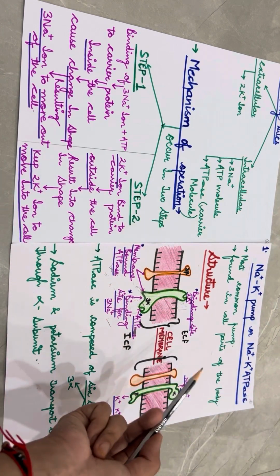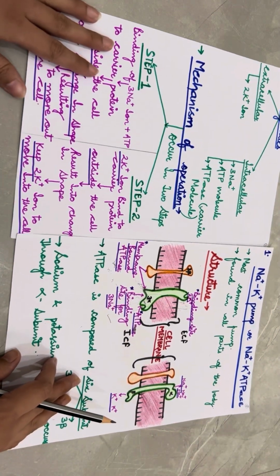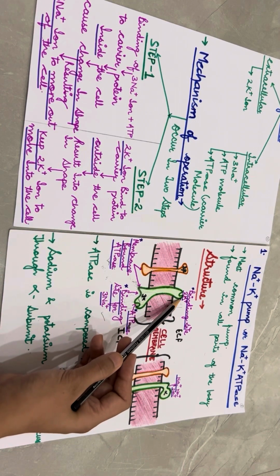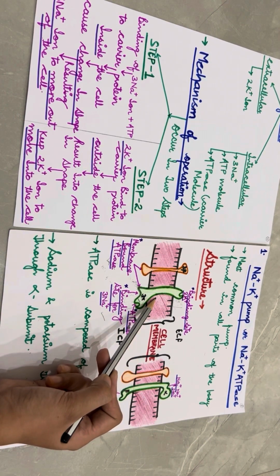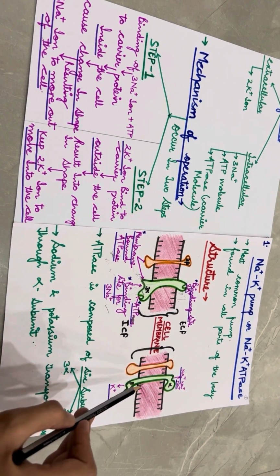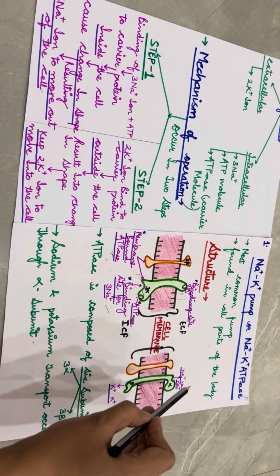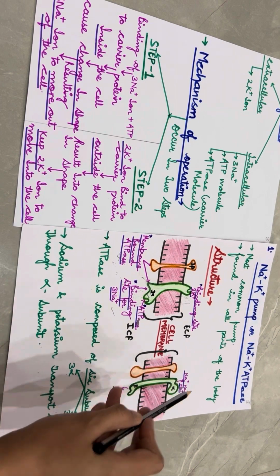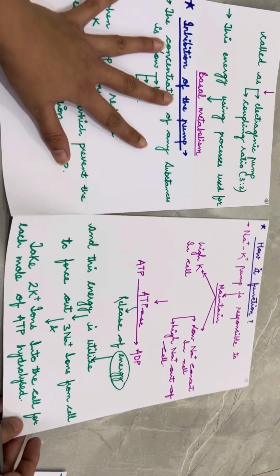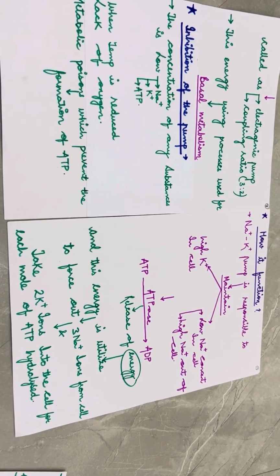And in the second step, 2 potassium ions bind with it, change its shape and bring the potassium into the cell. As you see over here, by changing its shape it keeps 3 sodium out of the cell and 2 potassium into the cell. Now we will see how it functions.